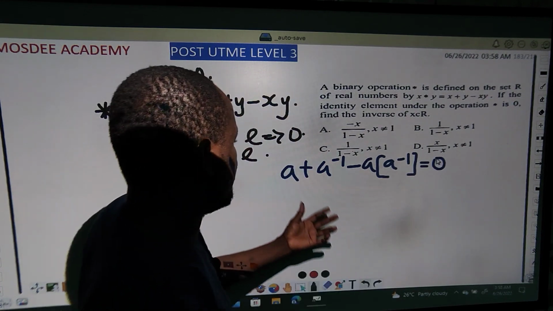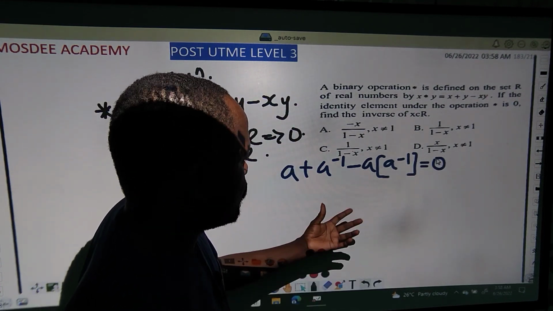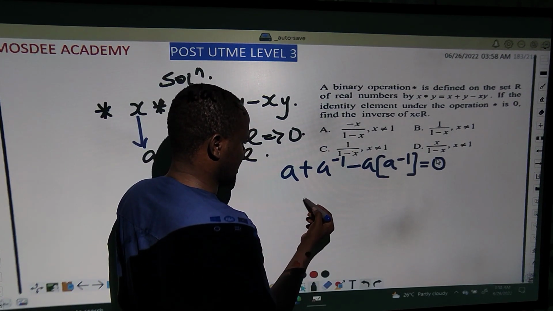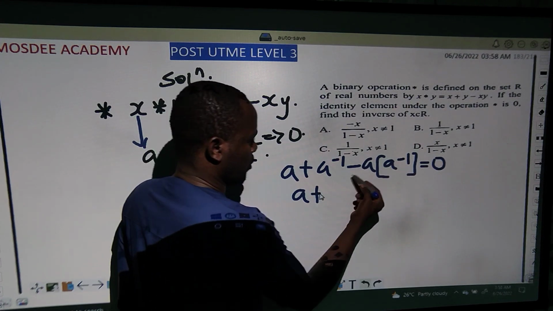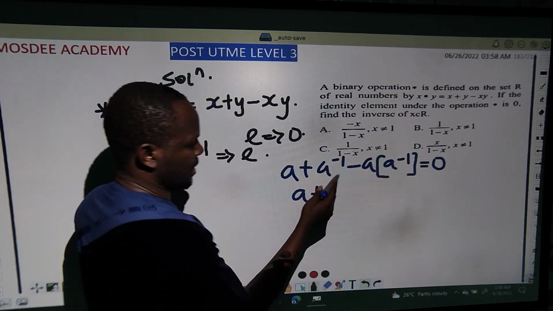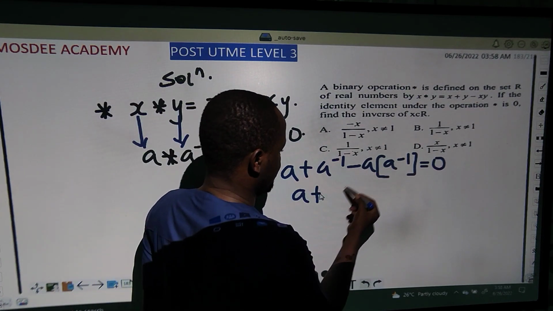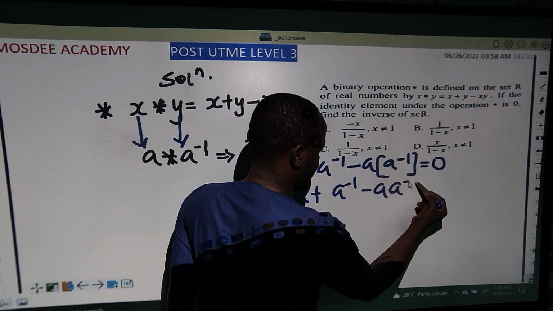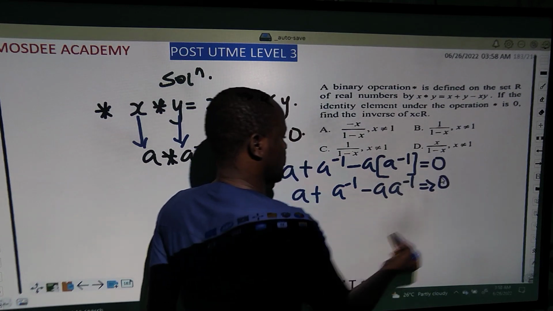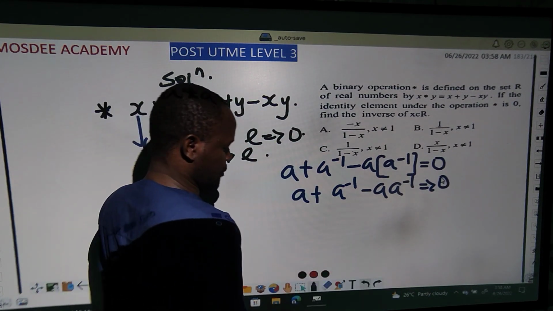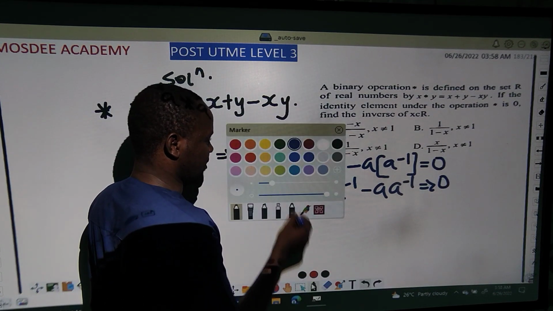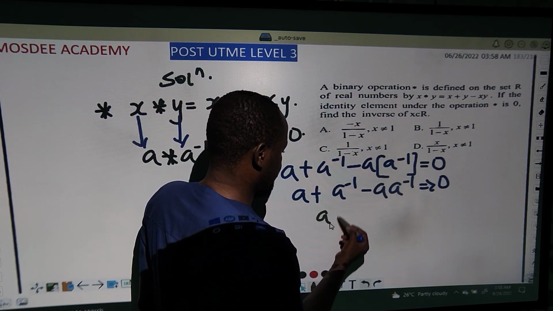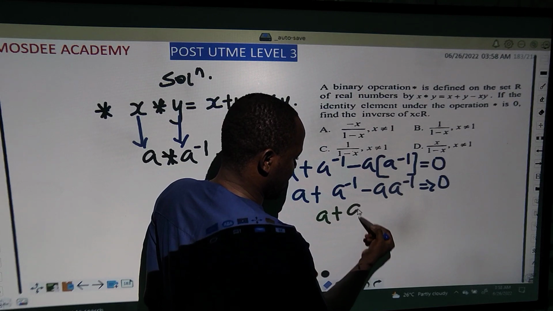This is the kind of mathematics you should be able to do if you are a mathematician. You collect like terms: a plus what is common here, a inverse. Normally I'm not supposed to show this step, but I just want you to see what I'm solving, so that you understand it. a plus what is common? a inverse.